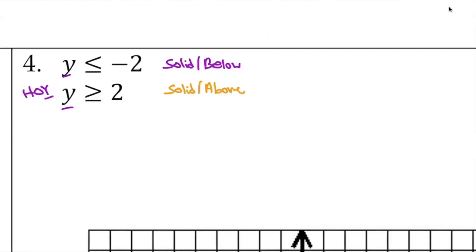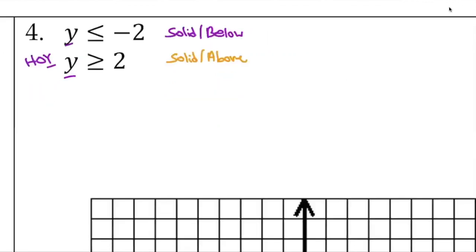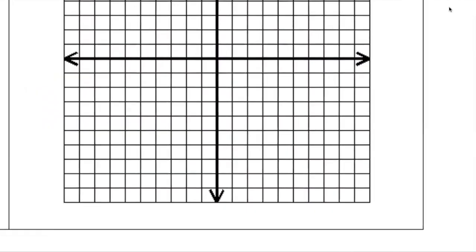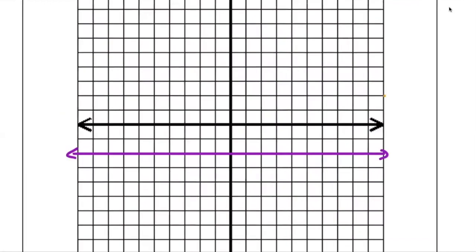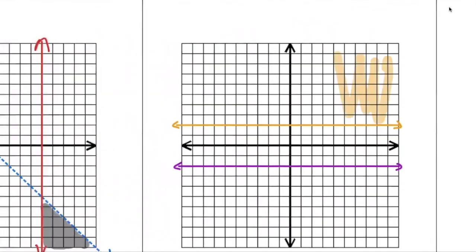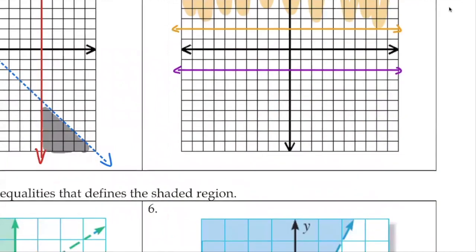All right, so for my line in purple, I want a horizontal line at -2, and I want everything below that line. Then I want a horizontal line at +2, and I want everything above that line. Notice how if I do the shading, for example up here with the orange, it's everything above, but for everything purple, it's everything below, which means everything down there.